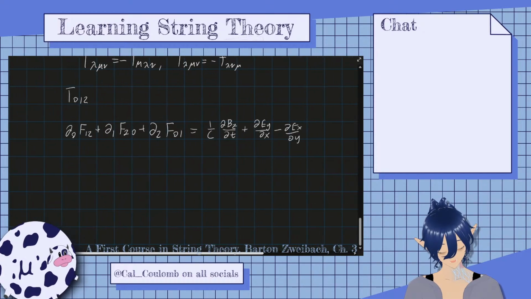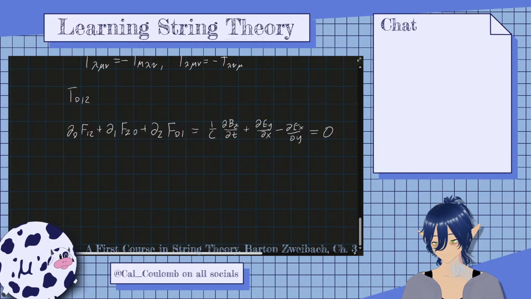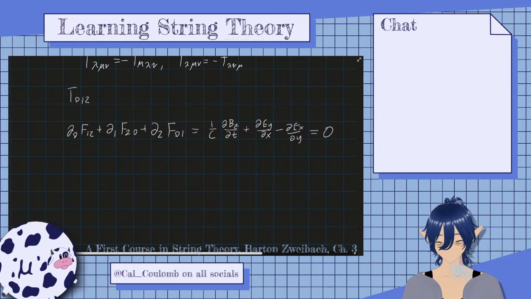And this is what's being set equal to 0. The z component of this is the z component of equation 3.1. The other 3 choices of indices lead to 3 remaining equations. And I'm guessing that's going to be one of the problems after this chapter.